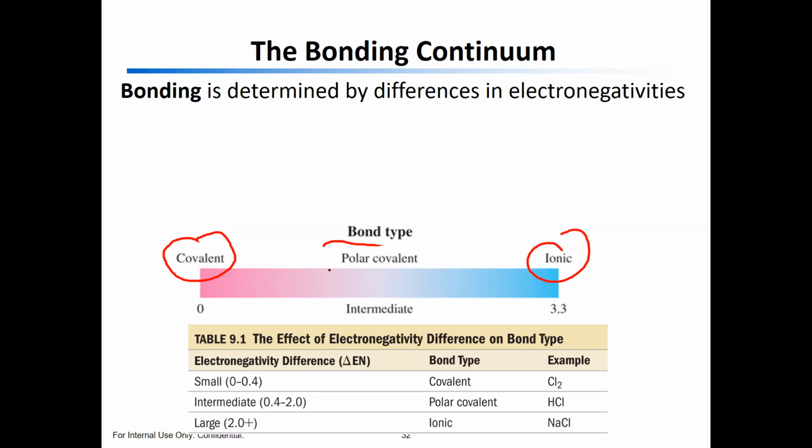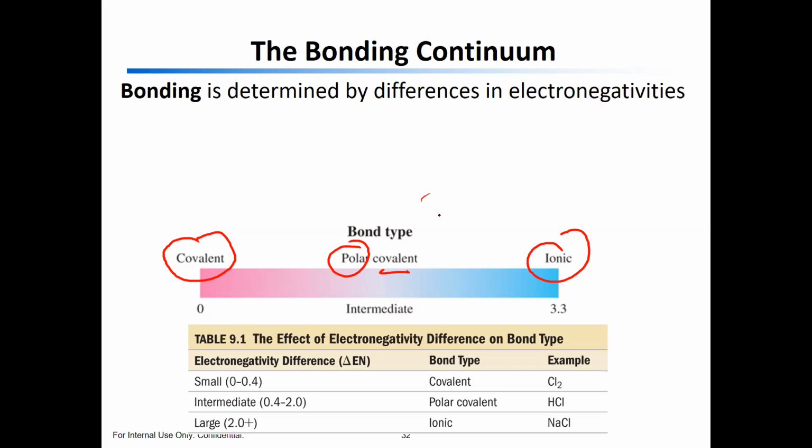Then there's something in the middle, polar covalent. That means there's sharing of electrons, but the sharing is not equal. That means this one's going to have a charge, or partial charge. Partial positive or partial negative, right? So the covalent bond means sharing, but then it's going to have a difference in charge.